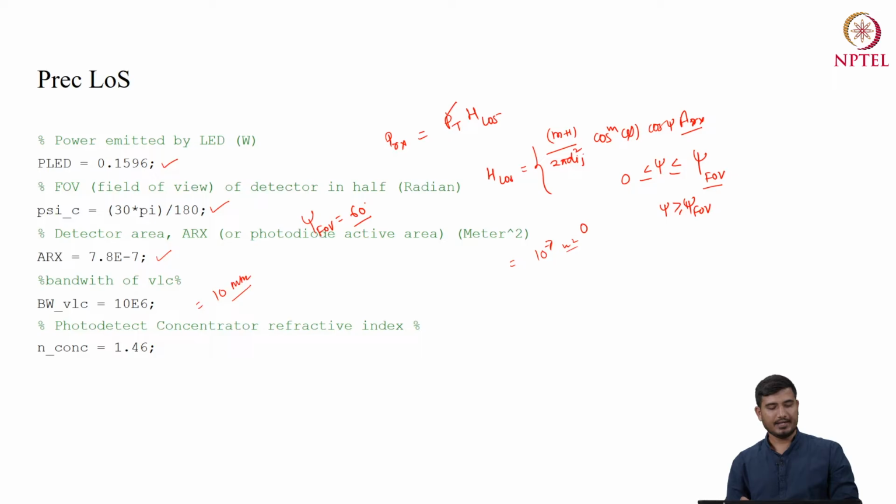And as you know, in this VLC system, if there is a transmitter, there is a receiver. To receive this signal there is a concentrator which captures the signal.